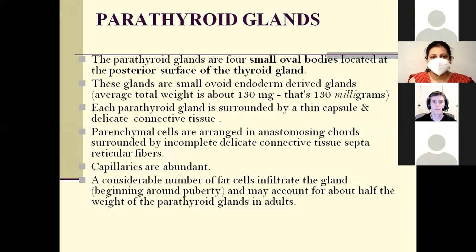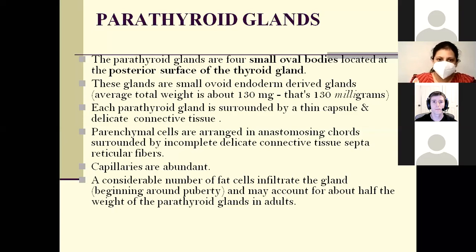So if we talk about the thyroid gland, we have to mention that there is a thin capsule surrounding the gland, and the capsule sends septa inside the gland and divides it into incomplete lobules. The lobules contain a cluster of thyroid follicles, and the thyroid follicles are lined by follicular cells, or cuboidal cells, that are responsible for secreting the thyroid hormone.